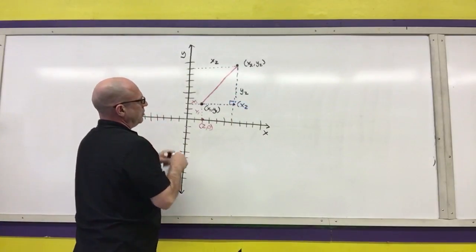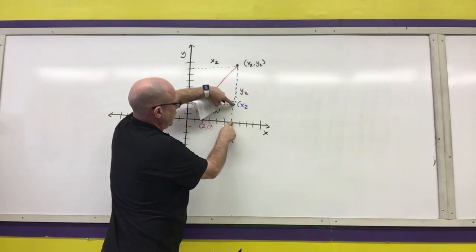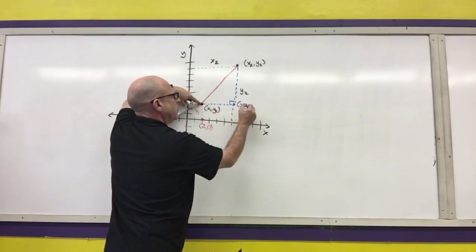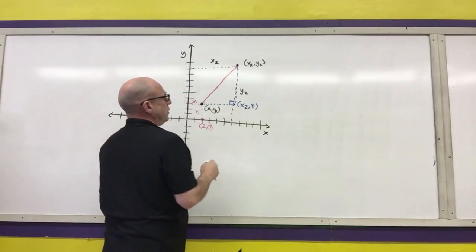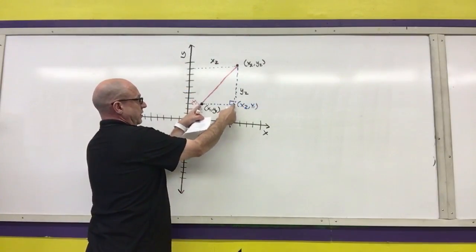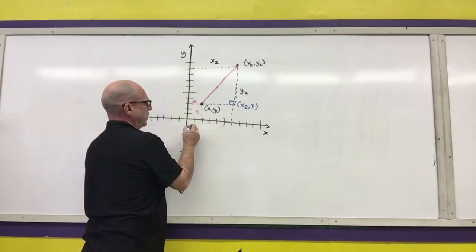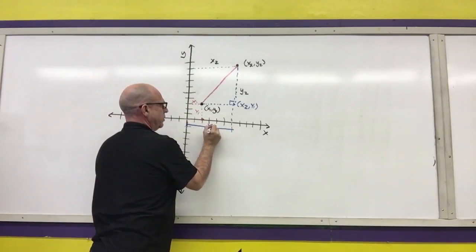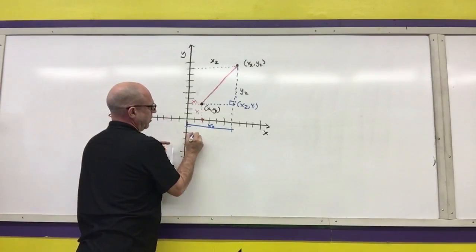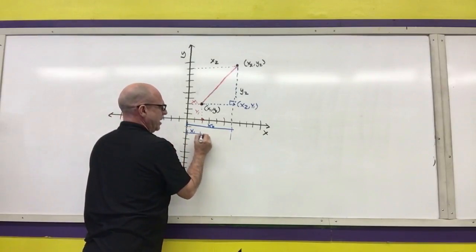For its vertical distance, the distance is the same vertically as from here to here, which is the same as this one, so that would be the vertical distance y1. So if the total distance between here and here is x2, and the distance between here and here is x1, this is the remaining distance that I want to find.